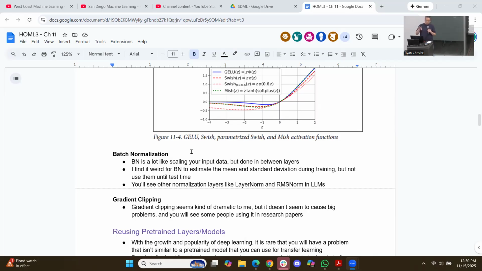This chapter doesn't really talk about other kinds of normalization layers, but whenever you talk about LLMs, you will see some other ones. In particular, you'll see layer norm and RMS norm. The idea there is, in an LLM, you have many input tokens. So you're guaranteed that if your input is fairly long, you're going to have a lot of those input tokens, and you don't have to actually use the batch of different inputs.